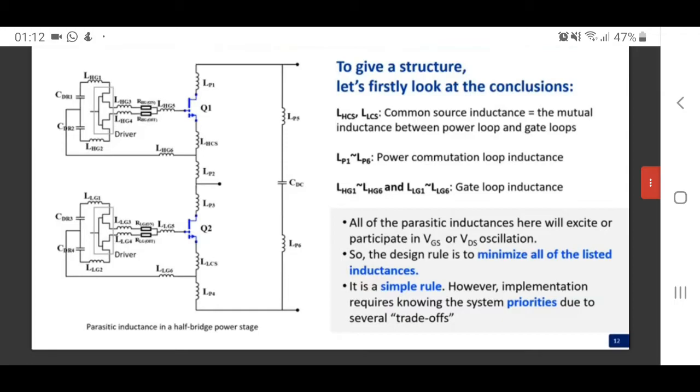It is a simple rule, right? However, in practice, it is very difficult to implement. The reason is, in system design, we have to do trade-offs all the time. In order to know how to do trade-offs, we have to understand the priorities of each inductance.